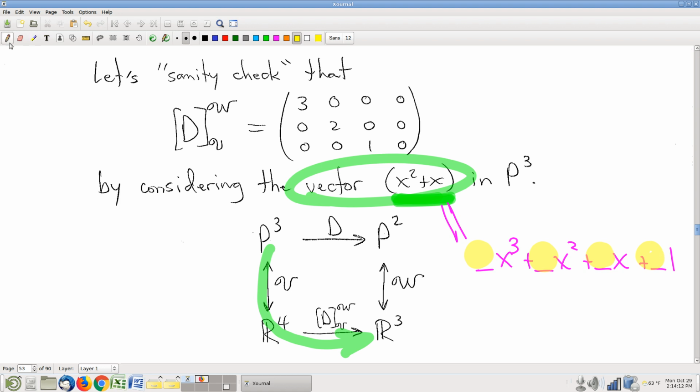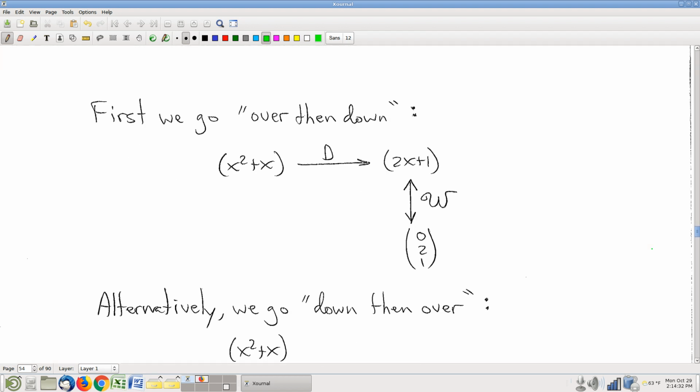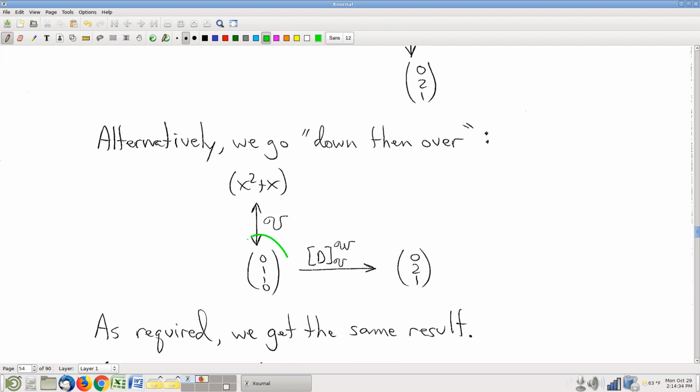This vector is clearly 0, 1, 1, 0, right? x squared plus x. So the coordinates with respect to V are these numbers 0, 1, 1, 0. Like so. And now multiply by the matrix, and we get 0, 2, 1.